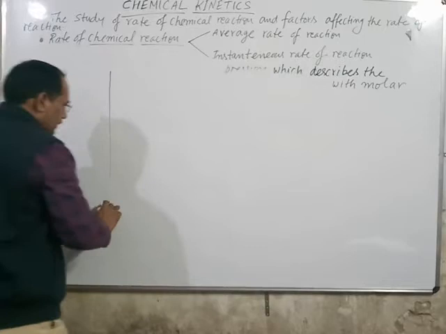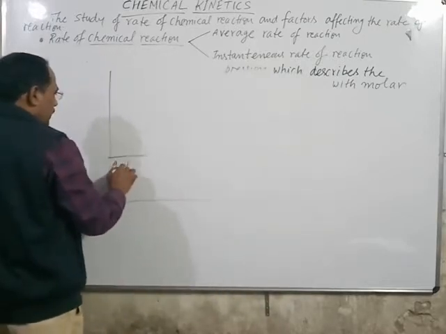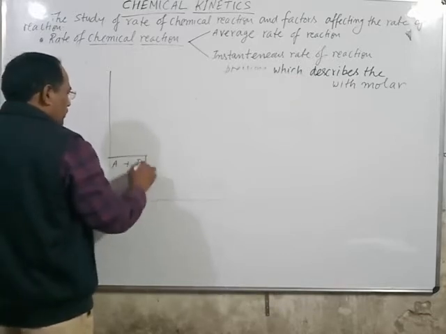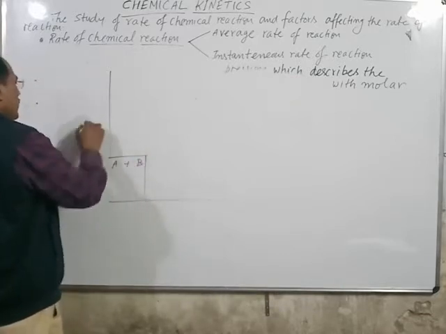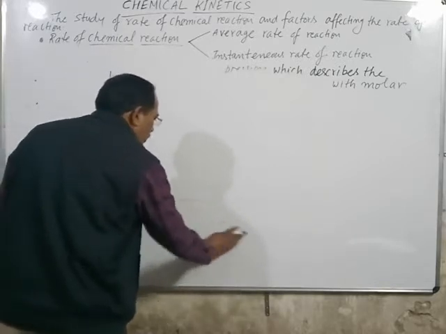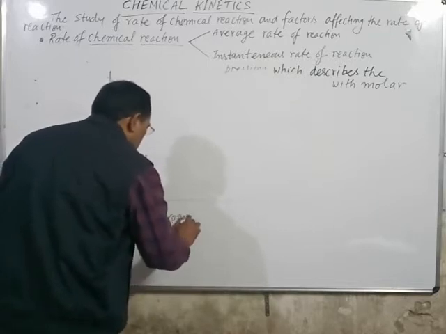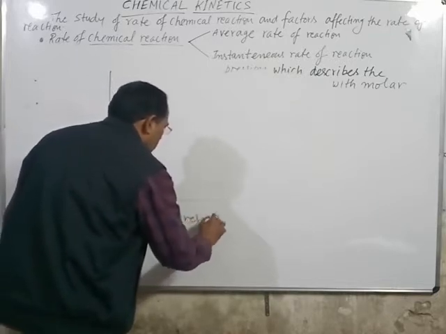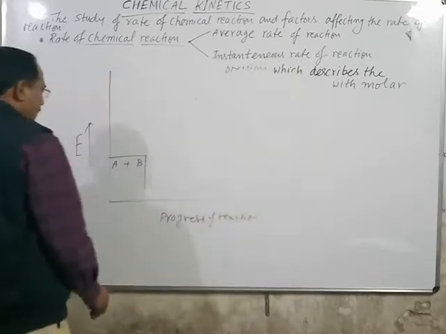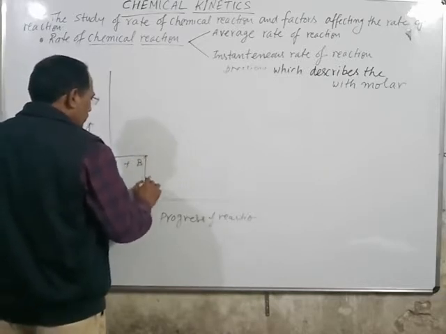Suppose this is the reactant A and B, this is the energy, and this is progress of reaction. This represents the energy of the reactant.